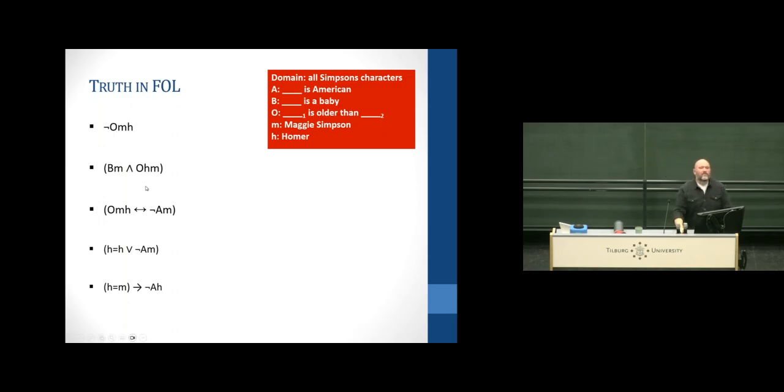And then for the other one, we see, is the ordered pair H, M in the extension of O? Is Homer older than Maggie? Yeah. So both conjuncts are true, the conjunction's true. So far, so good? Clear how we go? Beautiful. How about our third one? What do we think? True or false on this interpretation?